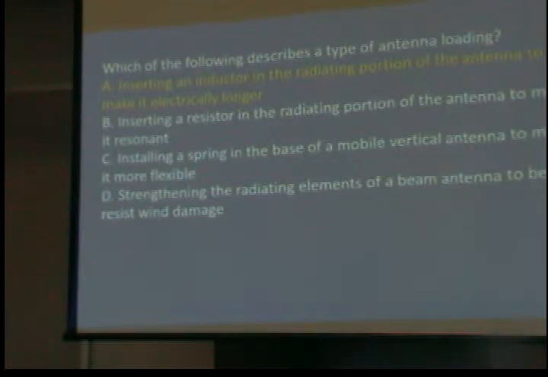The other one looks like a little pigtail in the middle. That actually works totally different. That makes the 2-meter one look longer, yes, but it segments the 70 centimeter into 2 antennas, and I get 3 dB of gain out of it because it's phased right. That's what the word is.